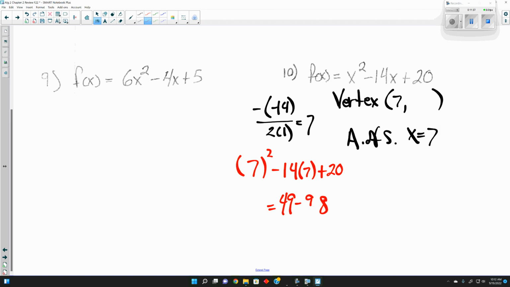And I believe it should be negative 29. 7 comma negative 29. But again, you could plug that into a calculator and let it do it for you.